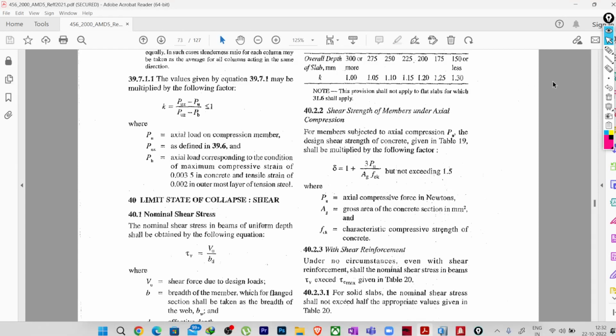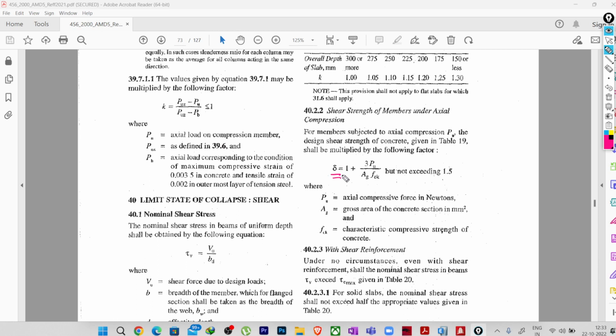So what it says is the shear strength of a member under axial compression. That means you can increase the shear strength of the member if your member is taking compression. So it is basically useful for columns, but in the beam also, if you have some amount of compression, that will help you enhance your shear.